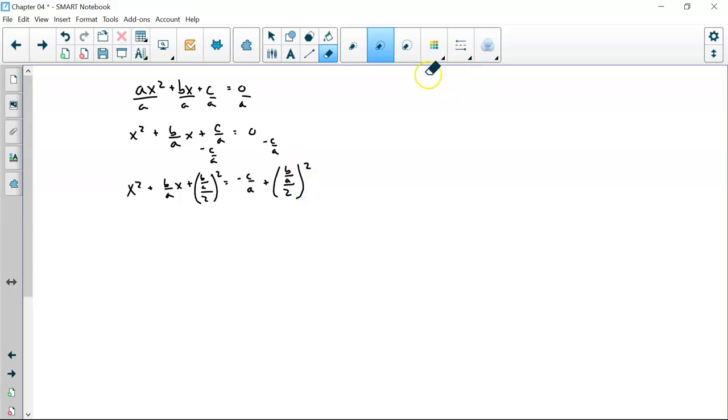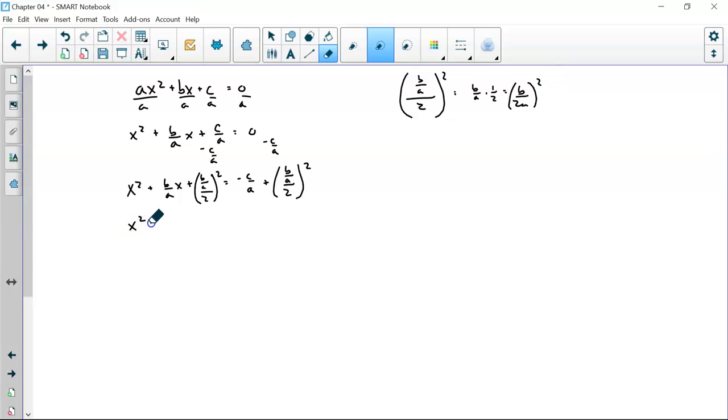Now, I'm going to clean that up a little bit. It's pretty messy. B over a divided by 2, that's b over a times the reciprocal, 1/2. So that's going to be b over 2a, and we're squaring that.